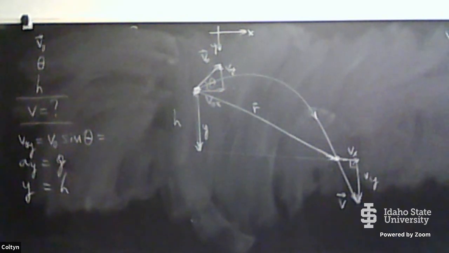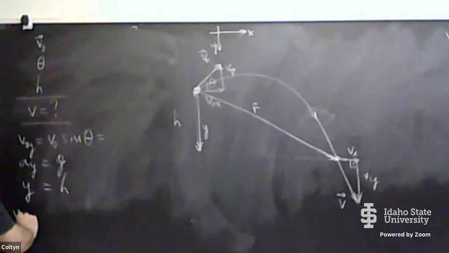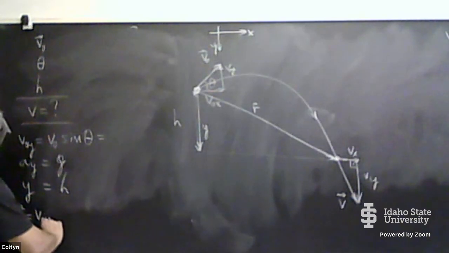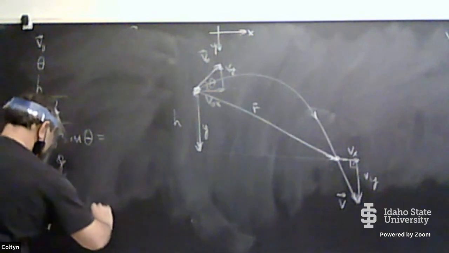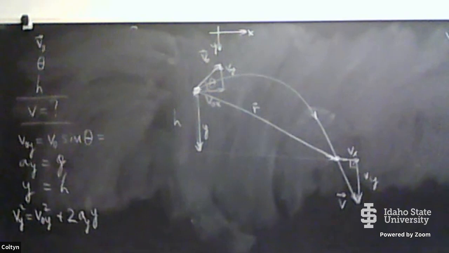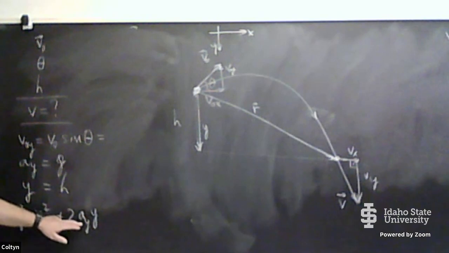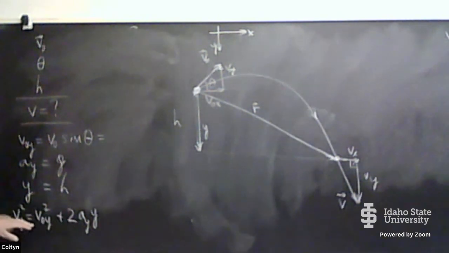We need to use a formula that doesn't include the time of flight. And the formula that doesn't include the time of flight is Vy squared is equal to V naught y squared plus 2 times acceleration times displacement. For our case, acceleration is positive 9.8.